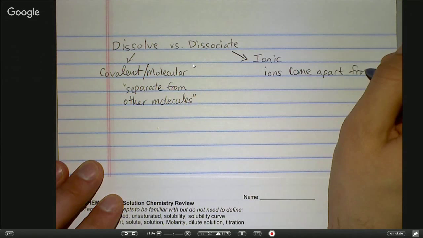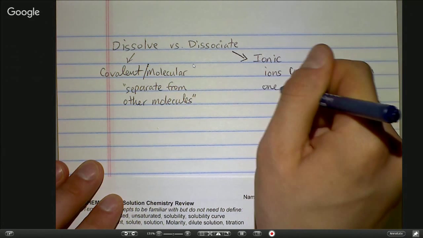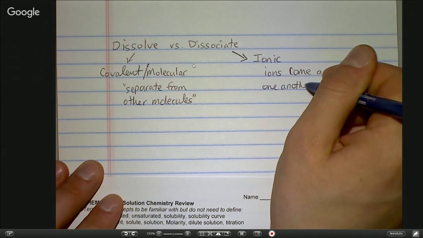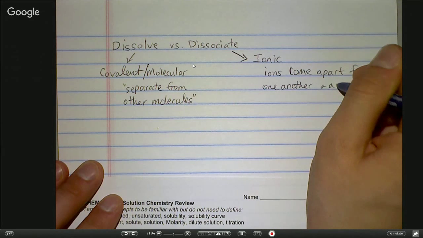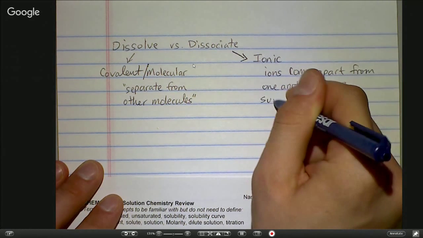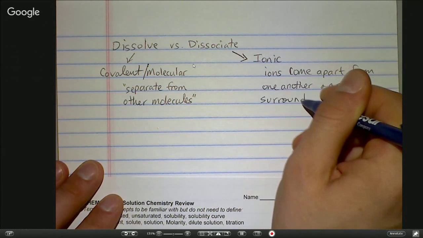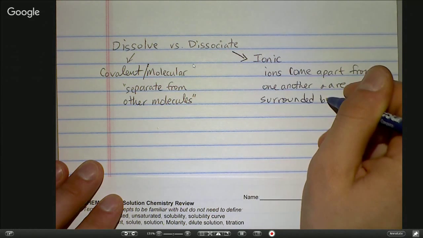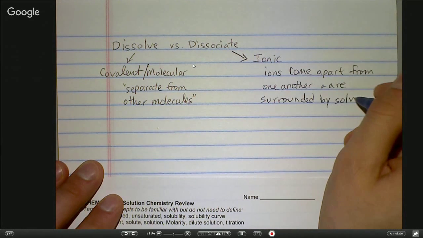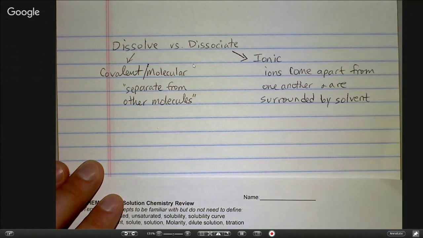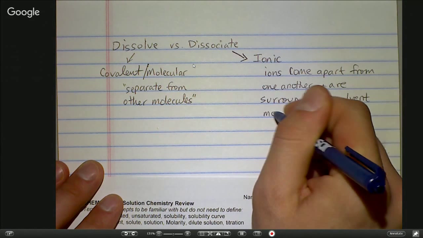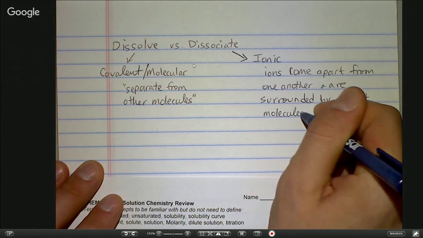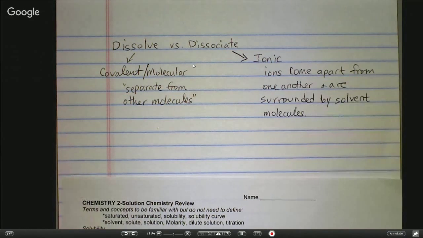So come apart from one another and are surrounded by solvent molecules, typically water if the solvent is water. Okay, so that's a very basic difference, definition between dissolve and dissociate.